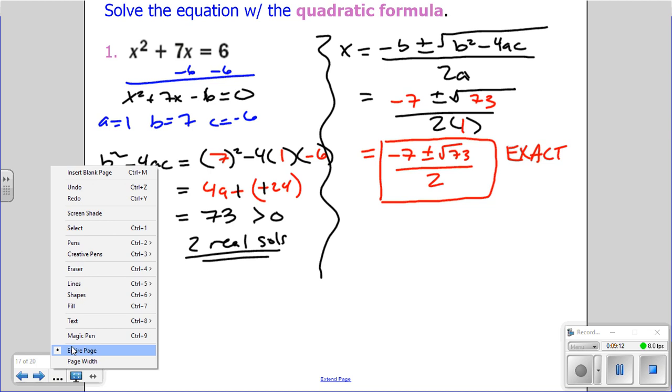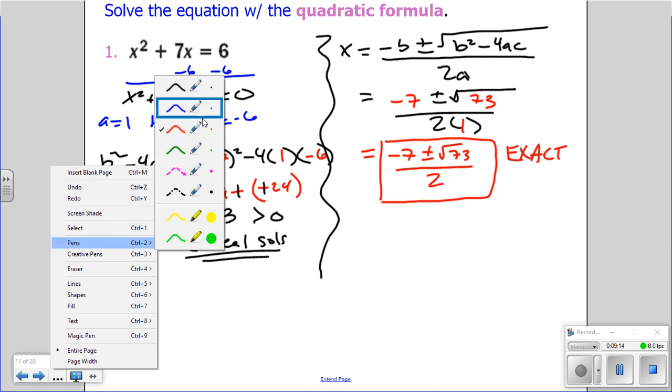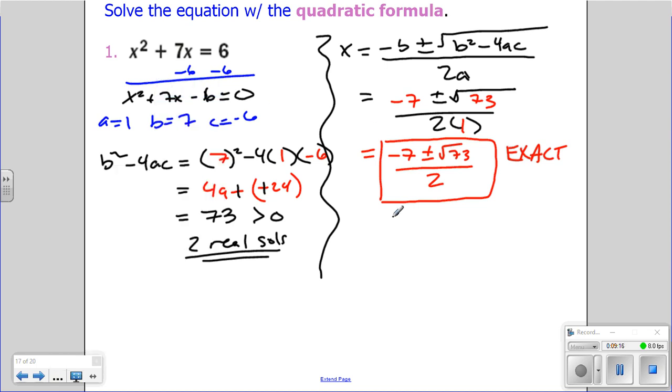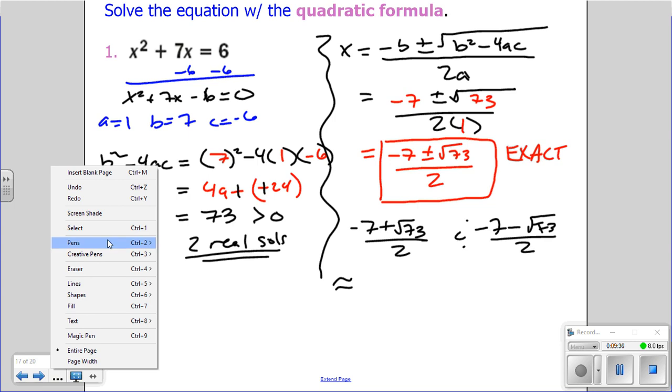Now, to approximate it, to use the calculator, what you would do is write negative 7 plus square root of 73 over 2. And you would do negative 7 minus the square root of 73 over 2 and get those approximated solutions. So let's get the square root of 73 first.